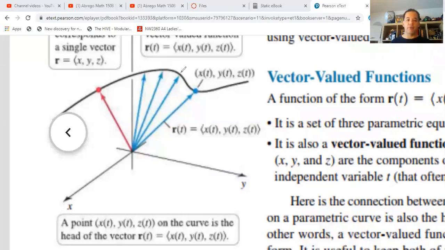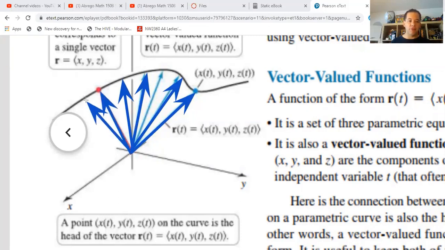Let me draw on top of it. So you start with this one, and then as the time moves, you start pointing towards more and more, right? And then this one, and then time keeps going. So this vector keeps moving around, pointing in the direction where the particle is moving, where the object is moving.